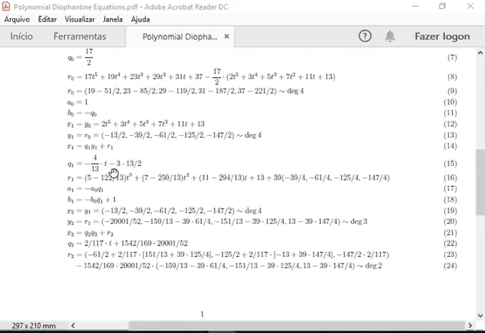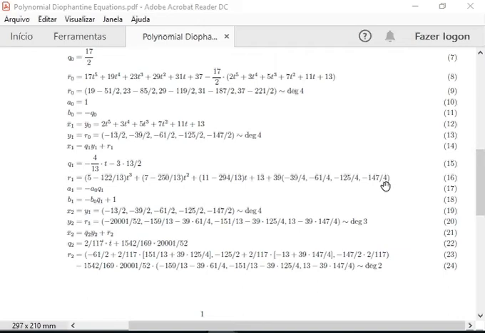Doing the calculations, dividing the leading coefficient of r1 by y1, 3 times 13 over 2, which multiplied by y1 cancelling t4 leads to a polynomial of degree 3.